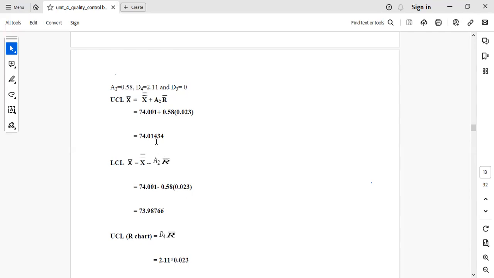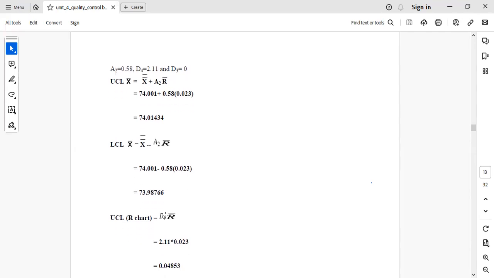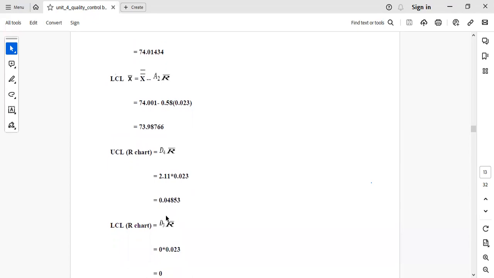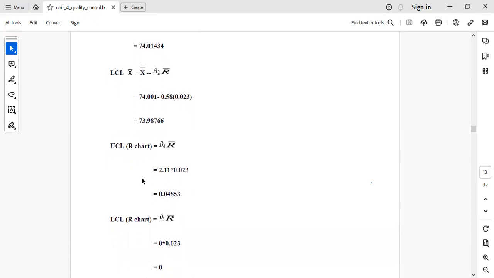So that is to say that whatever you get as the average from each sample should not exceed on the upper side 74.01434, and on the lower side, it should not go below the 73.98766.